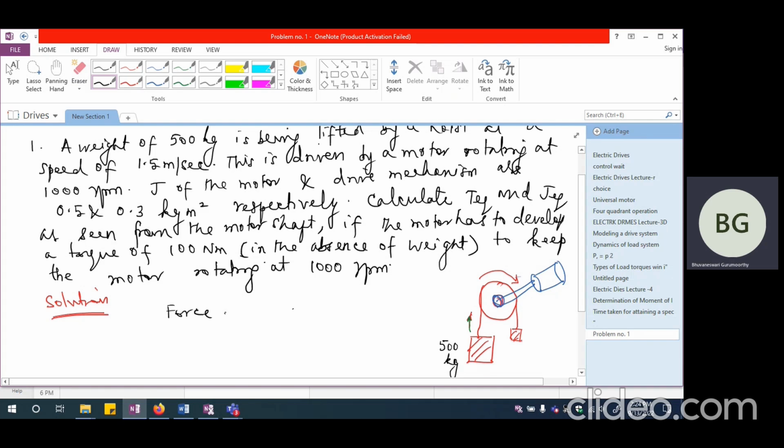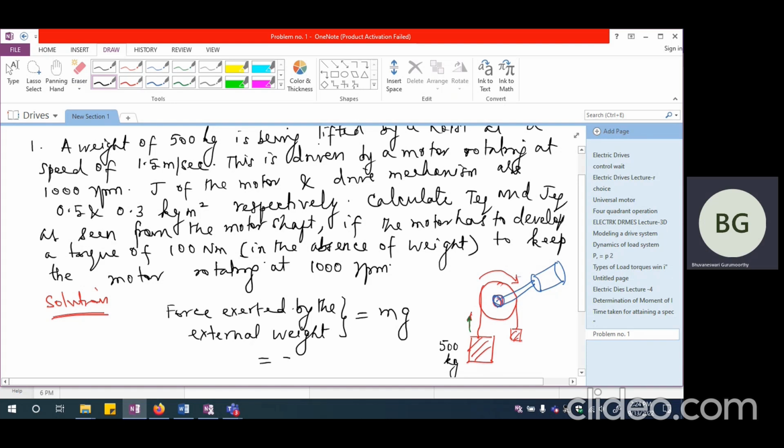So the force exerted by the external weight will be mg.